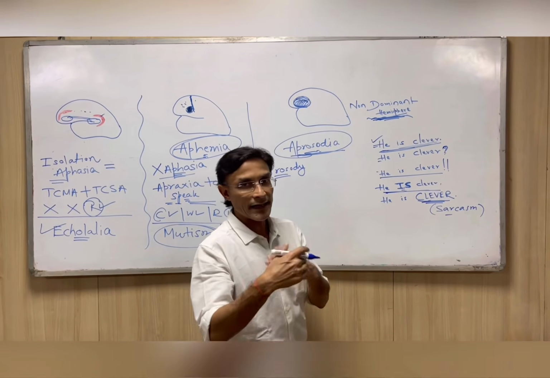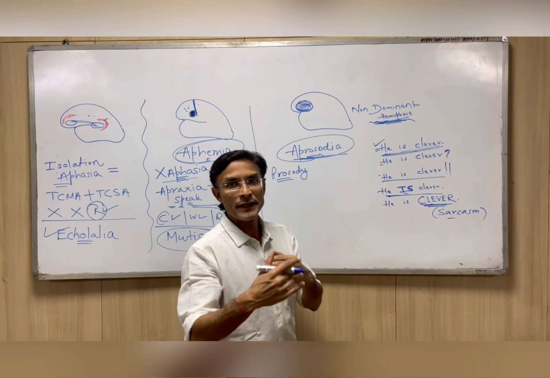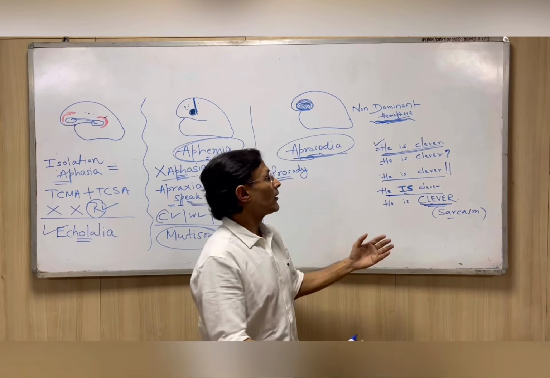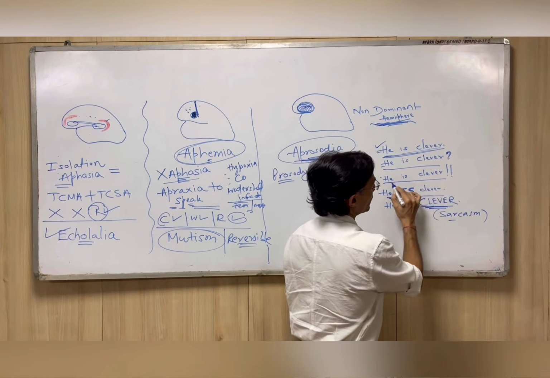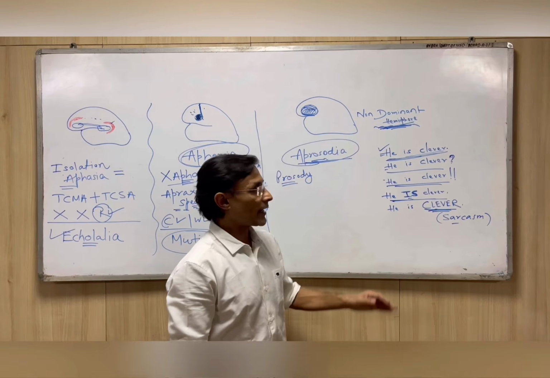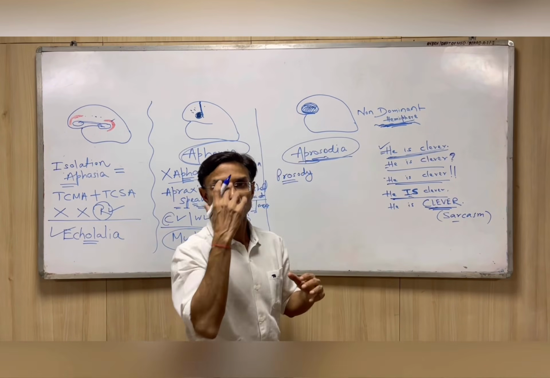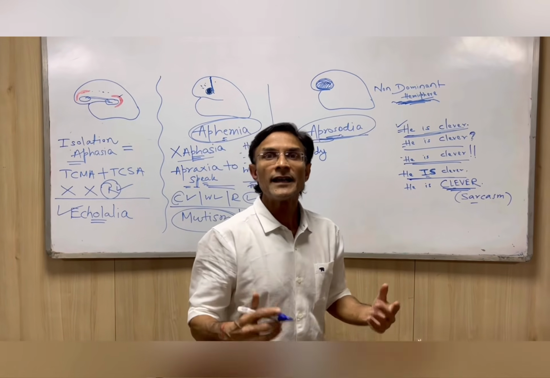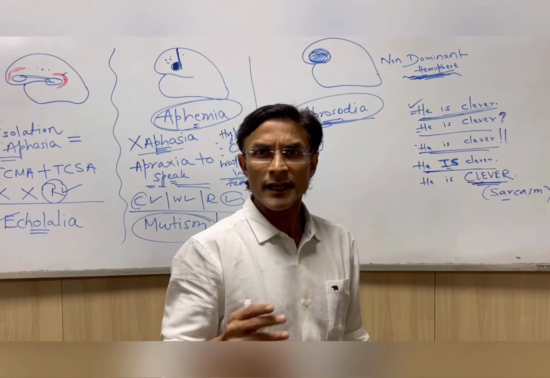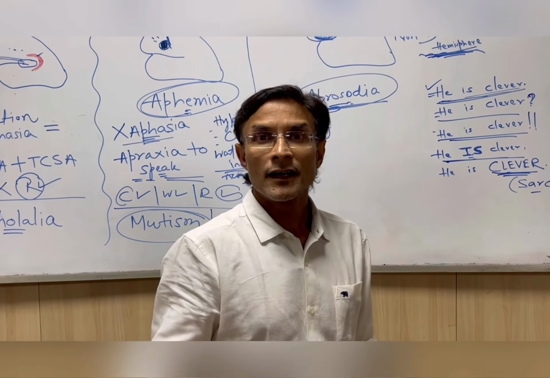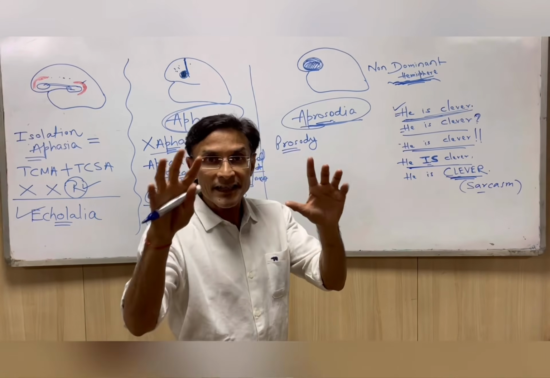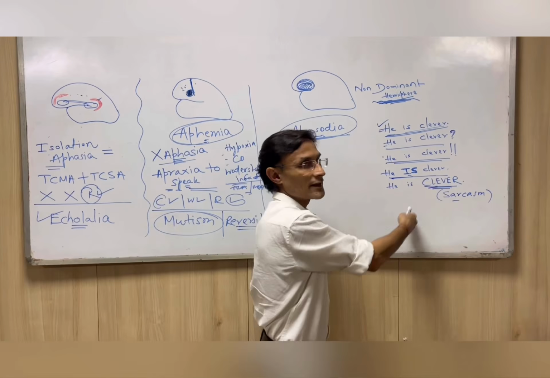Now you mark another thing. Maybe I am a little melodramatic, but it is real. When we talk about these statements, along with them the person's facial expression also changes. Say for example, he is clever. So the facial expression is also changing with this.